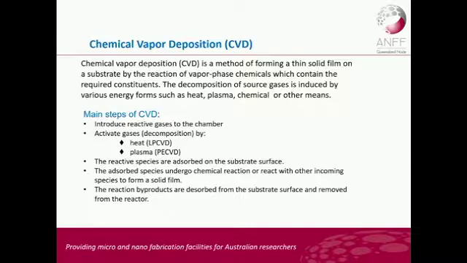The main steps in CVD: first you introduce the reactive gas into the chamber. Then you use different means to activate the gas. And then the reactive species will absorb on your substrate surface, and then they go through chemical reaction and form a solid film. And the byproducts will be taken away to the exhaust.